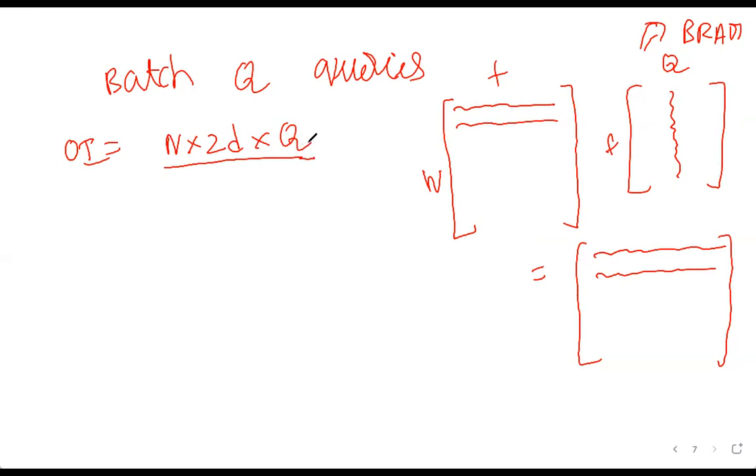So the operations get multiplied by q. And in the denominator, the data that you are bringing is still the same, n into d into 4.